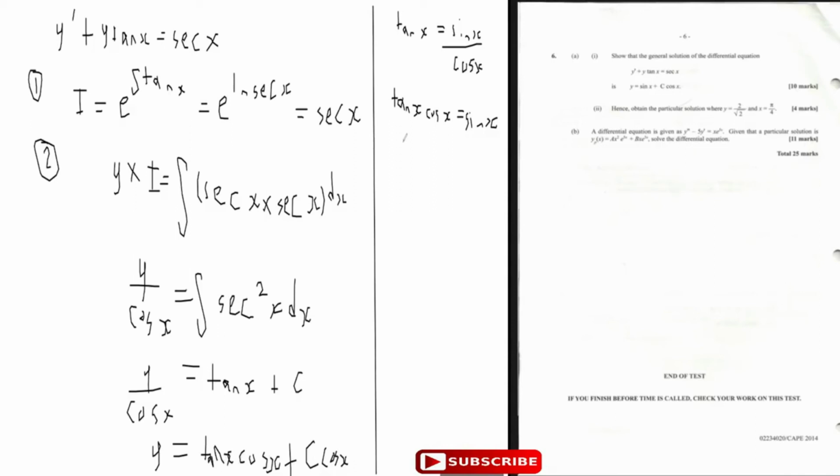And so what we're getting is y is equal to sin x plus c cos x. Nice and easy, so right, shown.